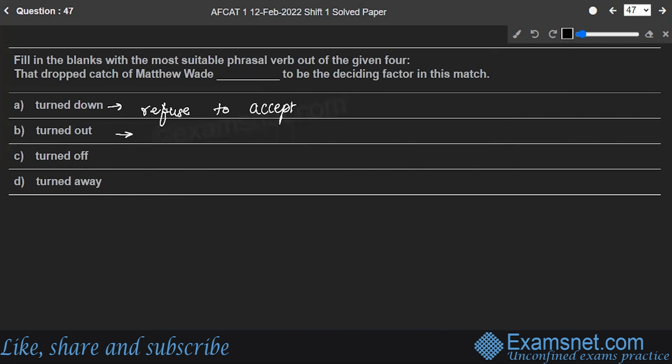Then turned out, from here you can clearly see what you mean by turned out. To happen in a particular way, like something unexpected.